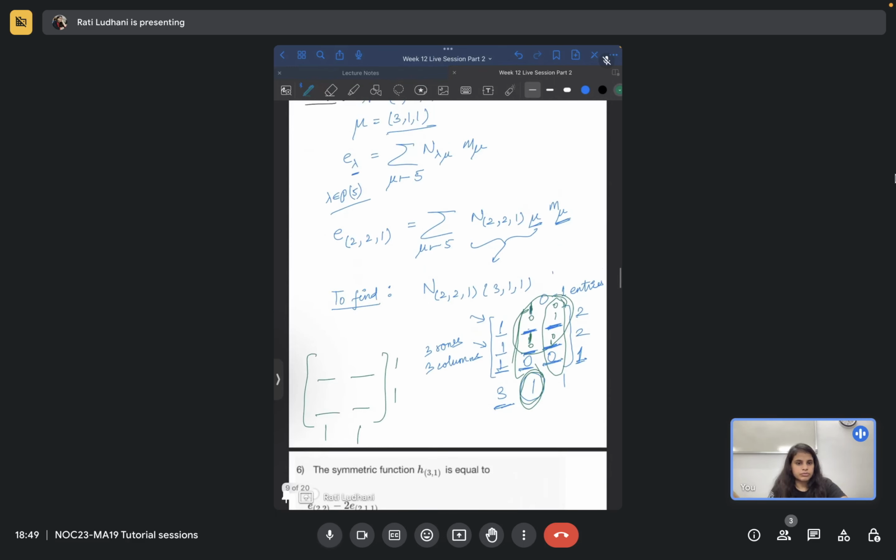If this is 1, 1, then this is 0, 0 for sure, and if this is 1, then this has to be 0, 1, 0, 1. So this is one possibility, and the other possibility.